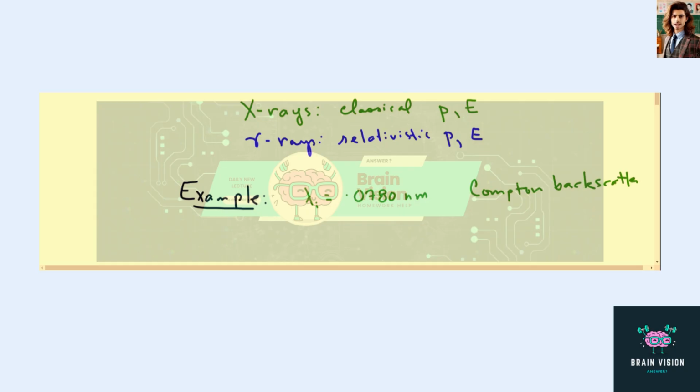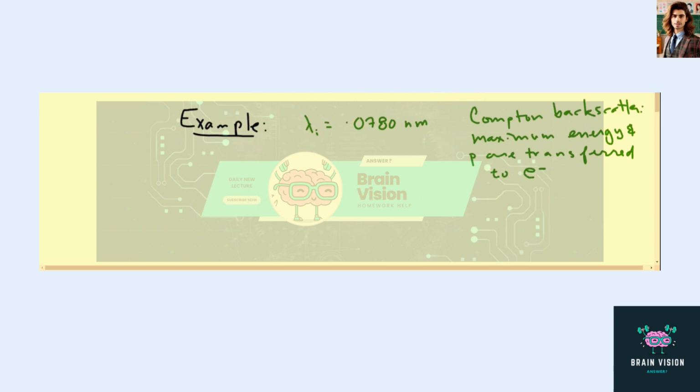This is often the feature that's detected in a detector, where the maximum energy and momentum are transferred to the electrons inside the material. Here comes lambda initial, and lambda final goes straight backwards with a new wavelength.